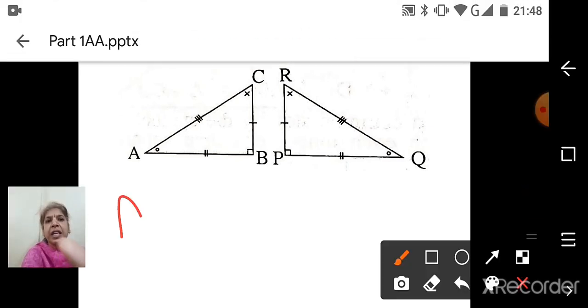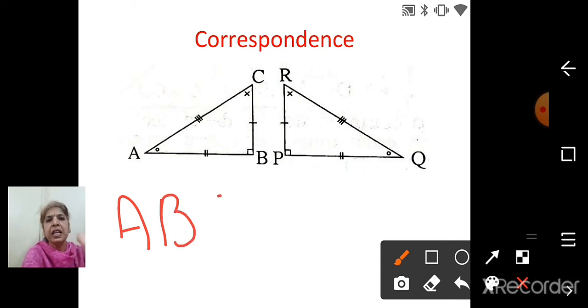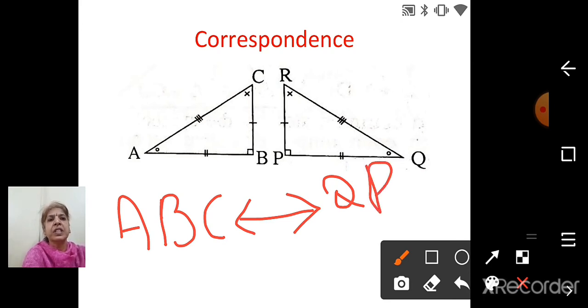We will be writing A, B, C corresponds to, now with A, which vertex is there? Q. And for B, it is P. And for C, it is R. So children, ABC corresponds to QPR.